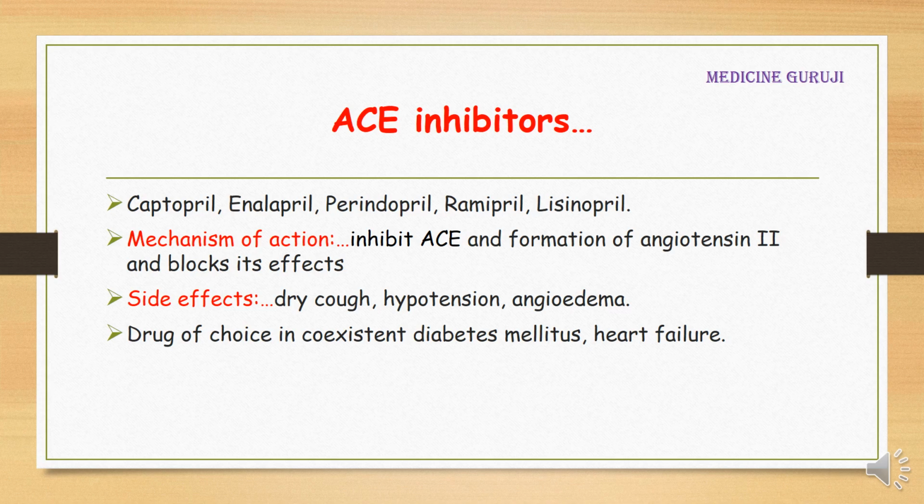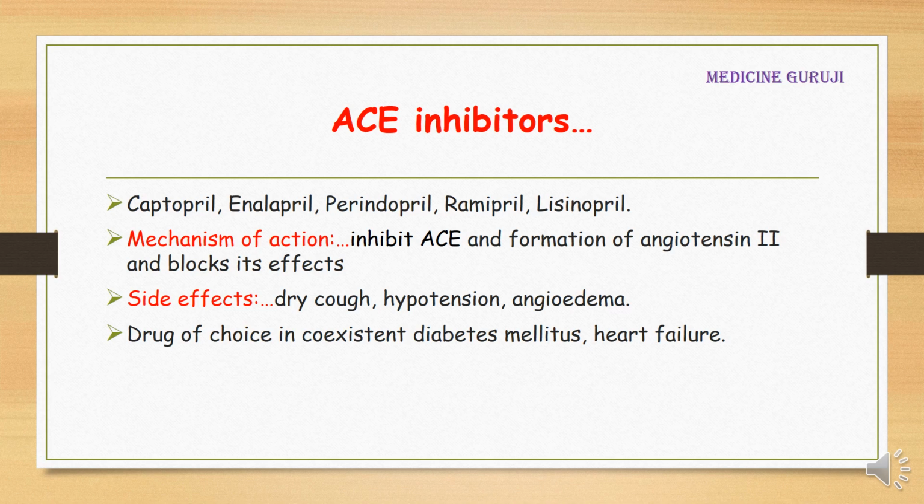Now, coming to the second class of drugs that are very beautifully written here, ACE inhibitors. We all know by the famous name captopril, enalapril, perindopril, ramipril, lisinopril. अब इनका मैकेनिज्म ऑफ एक्शन देखें. ये inhibit ACE and formation of angiotensin 2 and blocks its effects. इनके साइड इफेक्ट्स क्या होते हैं?